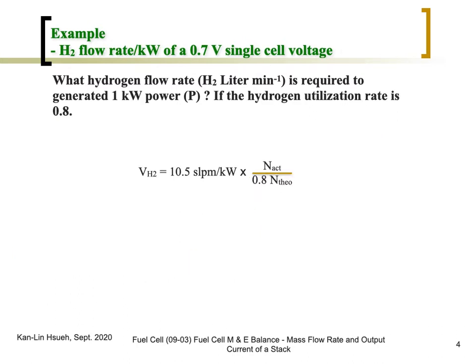If the hydrogen utilization rate is 0.8, then we need to divide by 0.8, so you end up with 13.1 SLPM per kilowatt. This is at a cell voltage of 0.7 volt and a utilization rate of 0.8. If these numbers change, of course, the volumetric flow rate will also change.